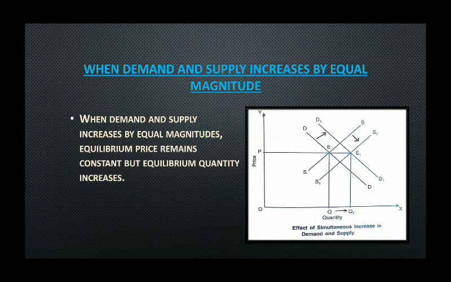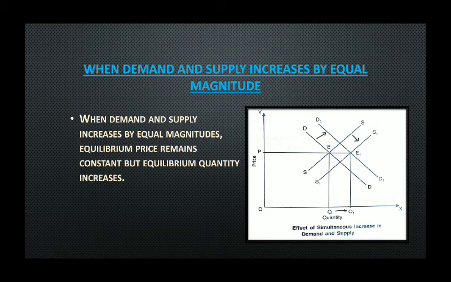So what happens when demand and supply increase by equal magnitude? That means the shift of the demand curve and the shift of the supply curve will be by an equal amount. For example, a 10% rise in demand and a 10% rise in supply.